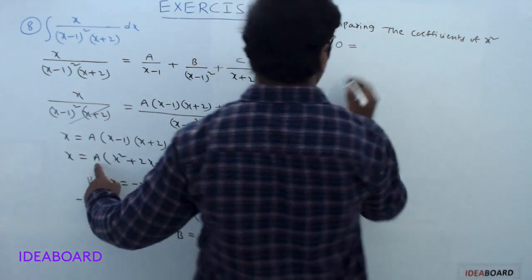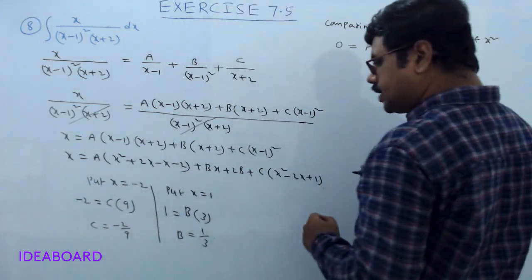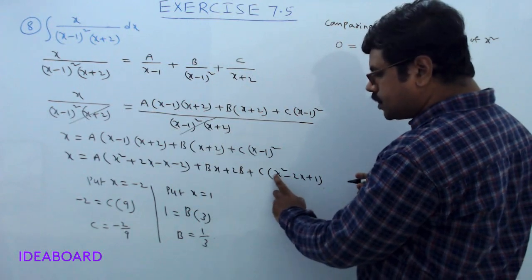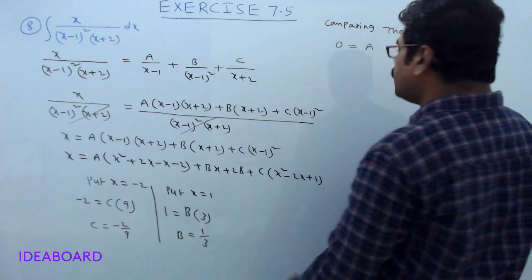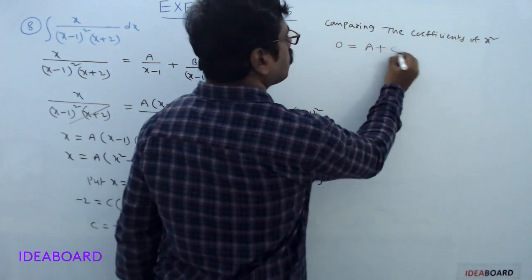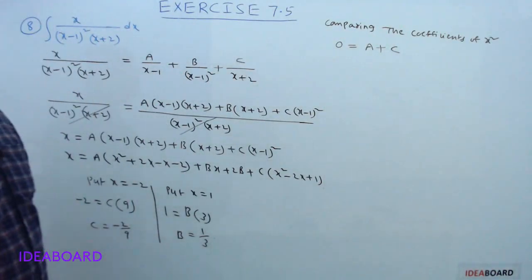So 1 into a, that is a. Then see where is the other x square term? Here the x square coefficient will be 1 multiplied with c, that should be c. So 0 equals a plus c.